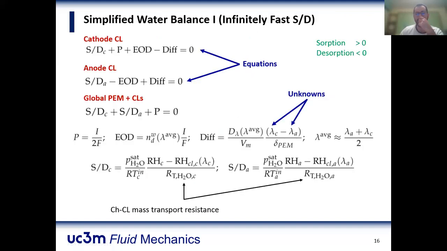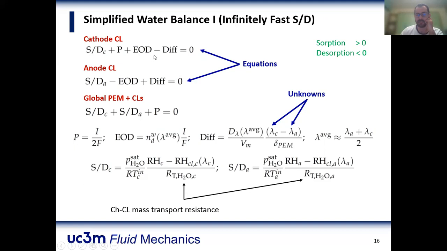Well, for instance, we can compare the result with a simplified model for the interfaces, meaning the catalyst layers. At the catalyst layer, we have sorption and desorption. Then we have some water production at the cathode.